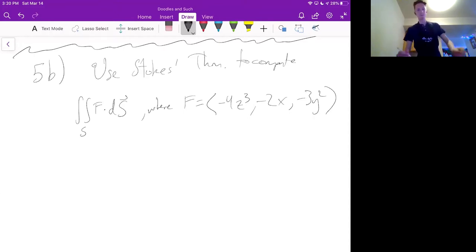So remember that, let me just write out the statement of Stokes' theorem. My tablet stopped screen sharing again. Try again. Okay, I'm going to switch back and forth. That's very annoying.